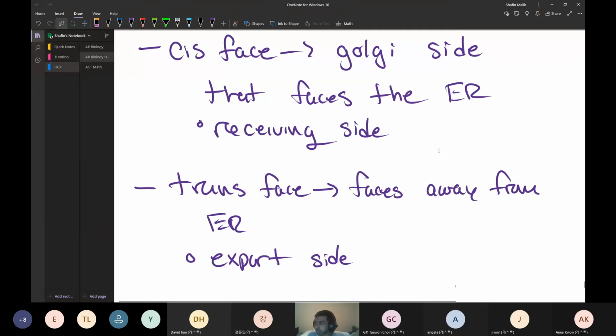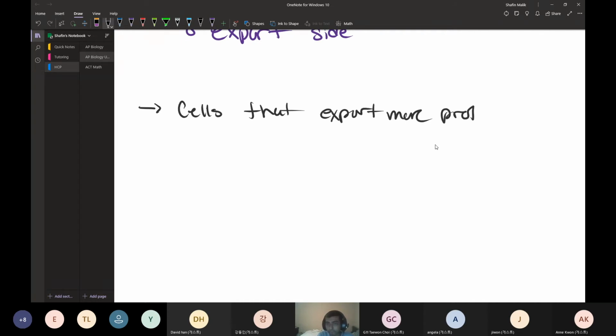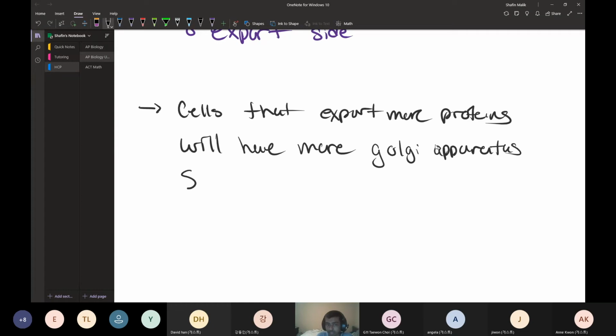Okay, now just one final thing about the Golgi apparatus. Because the Golgi apparatus is used in the export of proteins, it follows that cells that export more proteins will have more Golgi apparatus stacks.